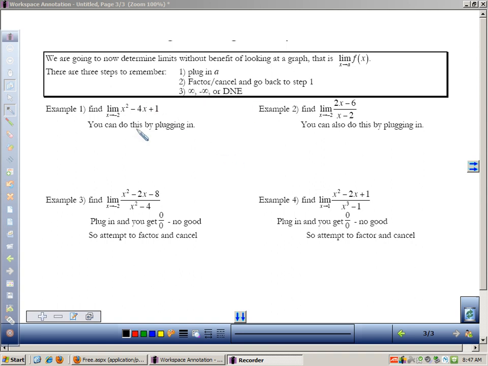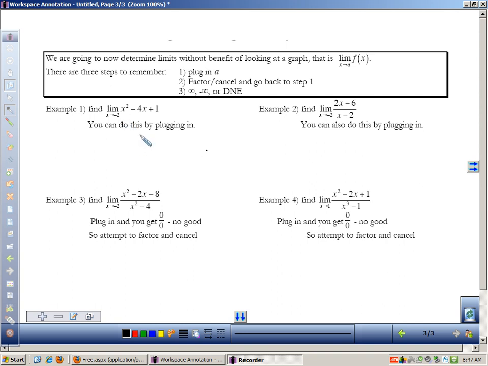So for the first, we're looking at example 1. Again, we're in our packet, finding limits algebraically. For the first one, we're looking at the limit as x approaches -2 of x squared minus 4x plus 1. This function isn't going to give us any kind of problem if we plug in -2. We're not going to divide by 0. We're not going to be taking the square root of a negative number.